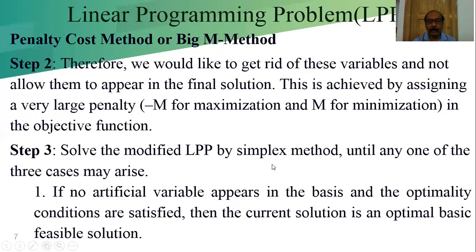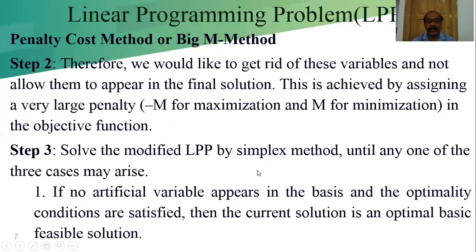Solve the modified LPP by the simplex method until any one of 3 cases may arise. We already learned how to solve the LPP by using the simplex method. If no artificial variable appears in the basis and the optimality conditions are satisfied, then the current solution is an optimal basic feasible solution.